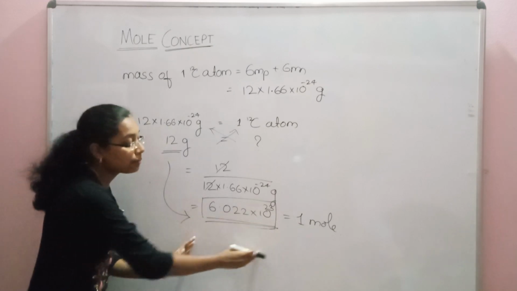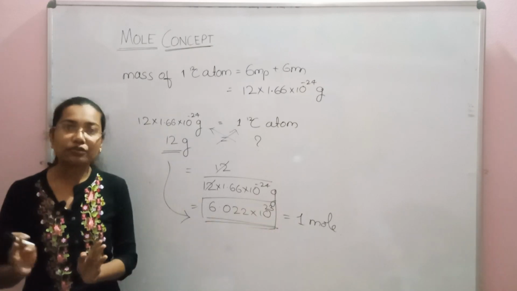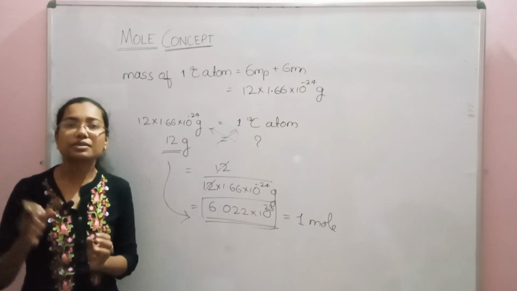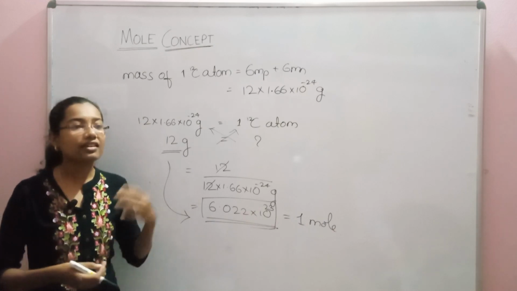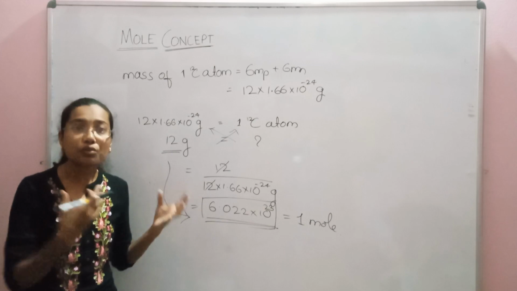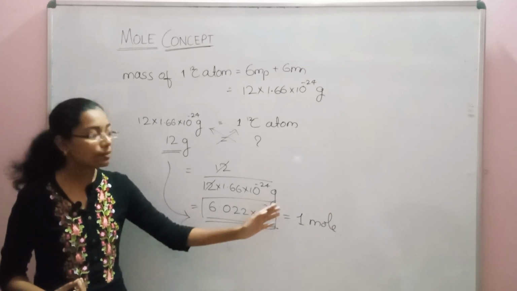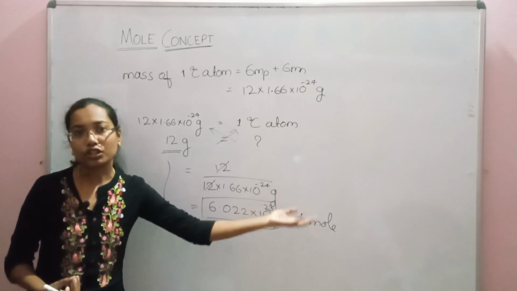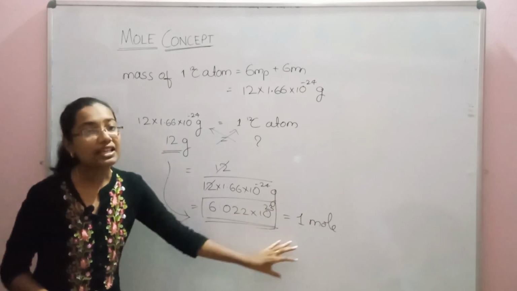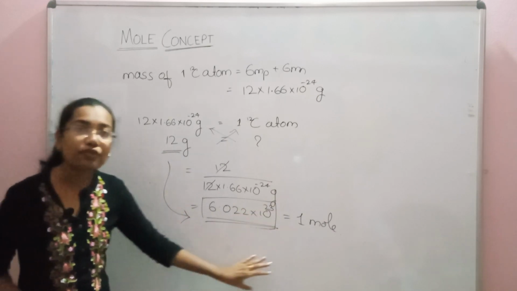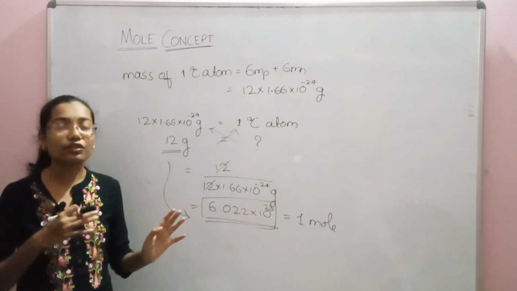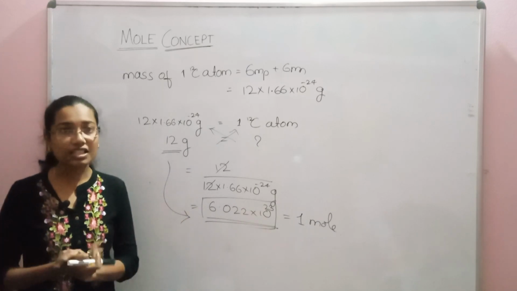If you take 1 mole of water, then it will have 6.022 into 10 to the power 23 H2O molecules.